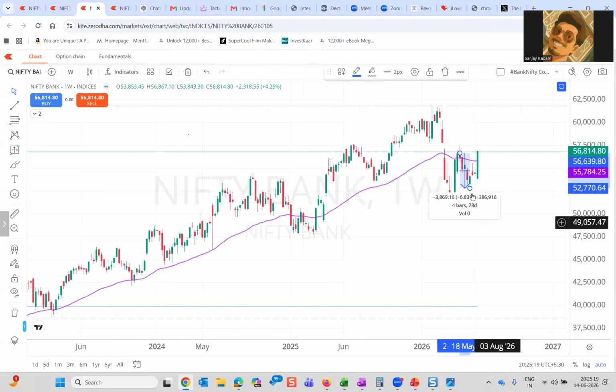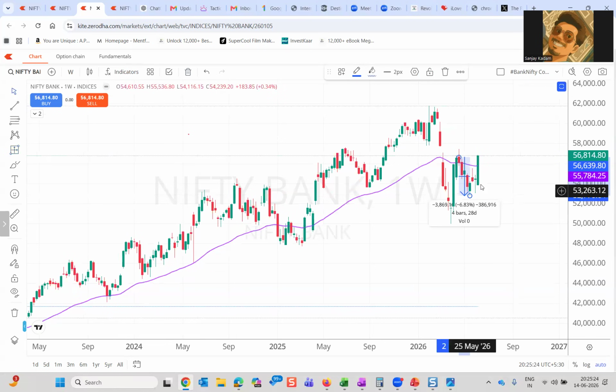right? Yes. You see the next 4 bars also, it is concluded with the last week's move. See, by next week, or this week, it is already 4, right? Or 3. 3.